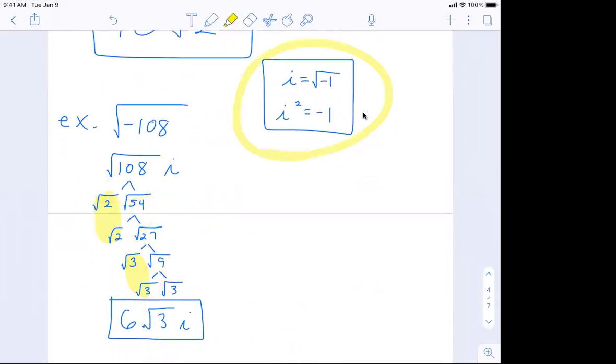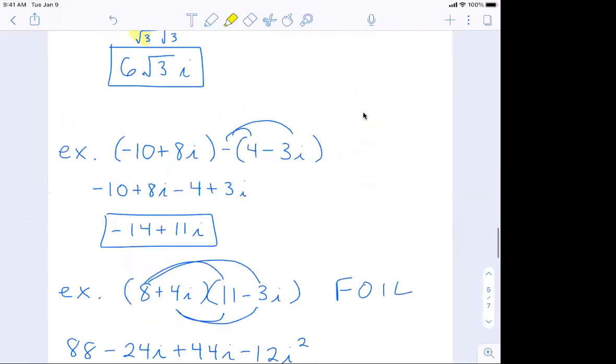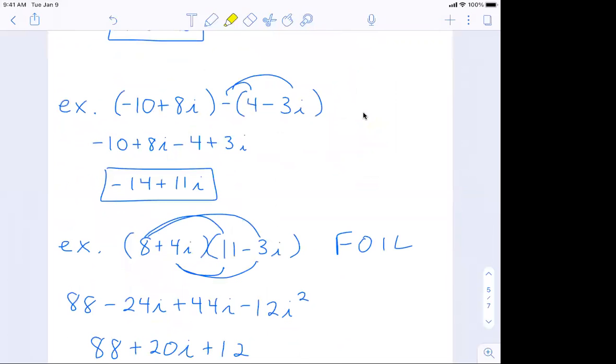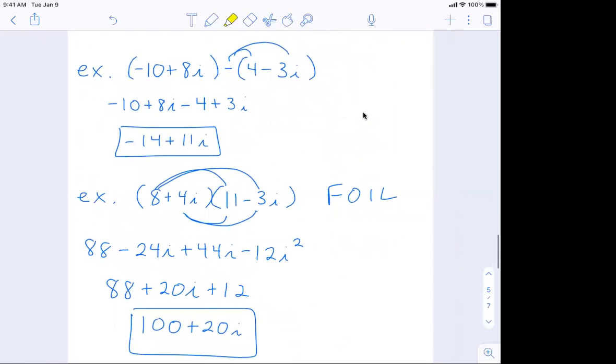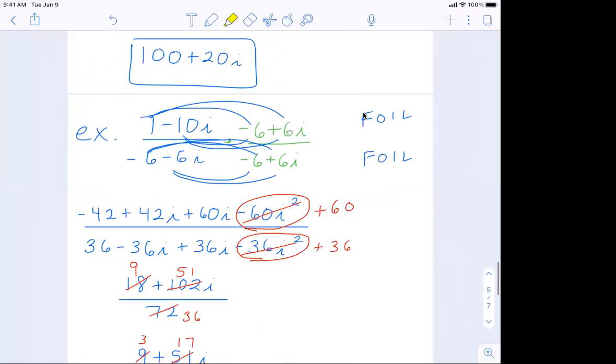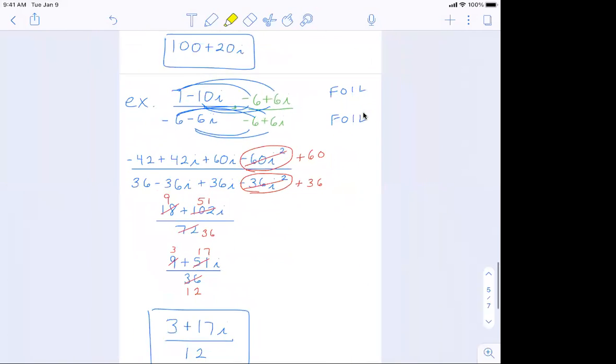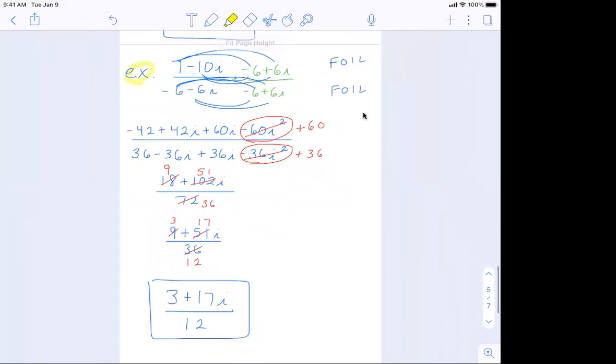And then knowing that i is equal to the square root of -1 and i squared equals -1, we then were able to do some operations. So we had two examples where we were subtracting and then multiplying. And then we finally did this long one at the end here where we were dividing. And so to do that, we had to multiply the top and bottom by the complex conjugate.